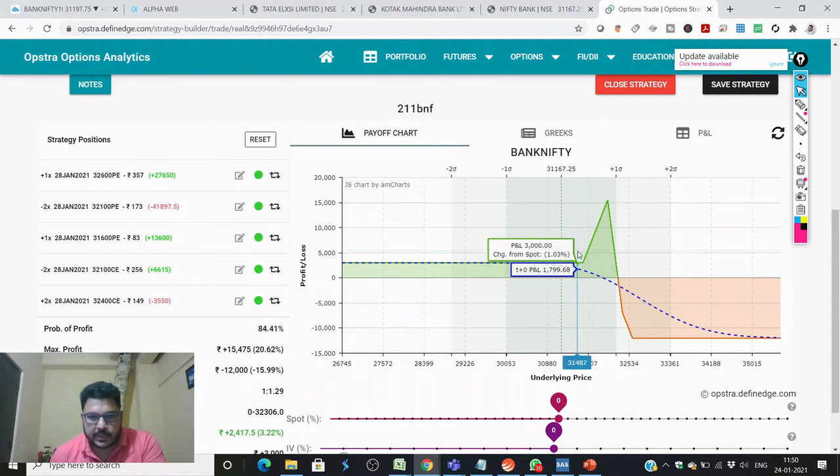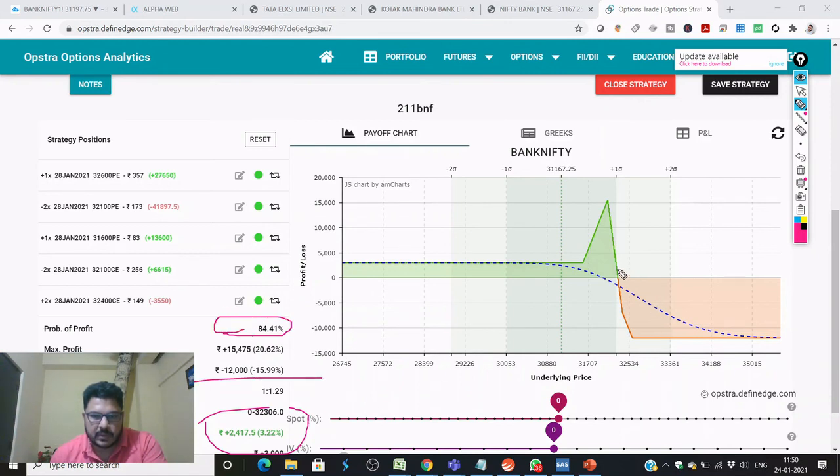So I have created a position. I have added a call sell and a call buy, so that I am completely hedged if the market further goes down, and still I'll be in profit. This is the profit probability we are having, 84%. Loss will be 12,000 even if the market opens somewhere here also.